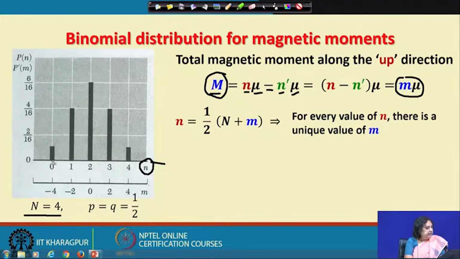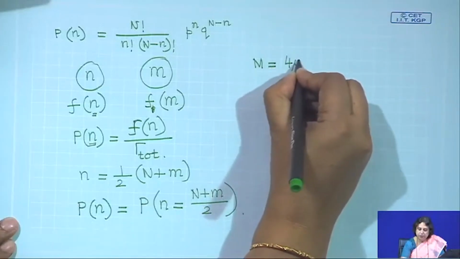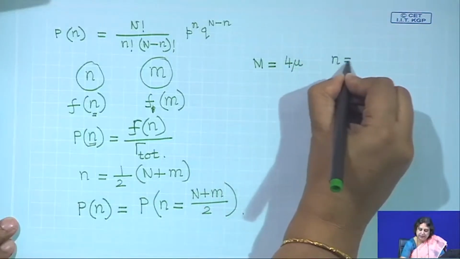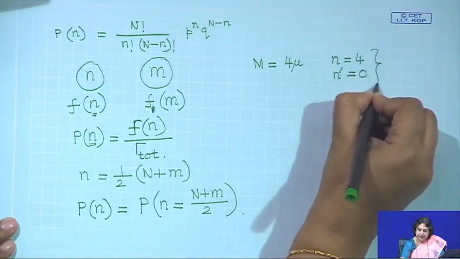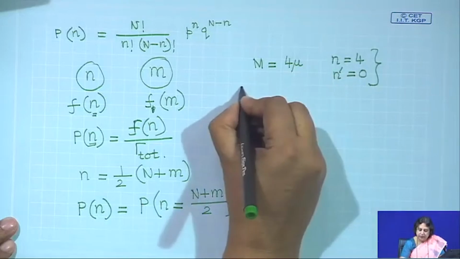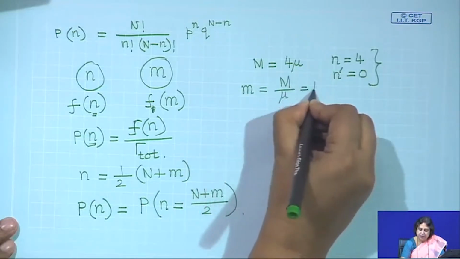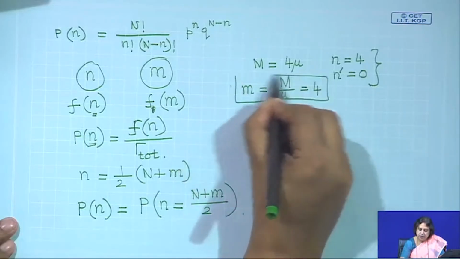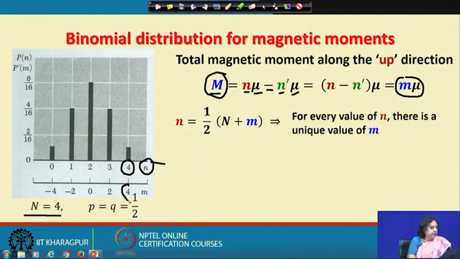Now, when n is equal to 4, as we have already discussed, then what is the magnetic moment value? I understand that capital M would be equal to 4 into mu, because in this case small n is equal to 4 and n prime is equal to 0, and therefore, m, that is equal to capital M by mu, must be equal to 4. Okay. So, that is this point that we have marked.